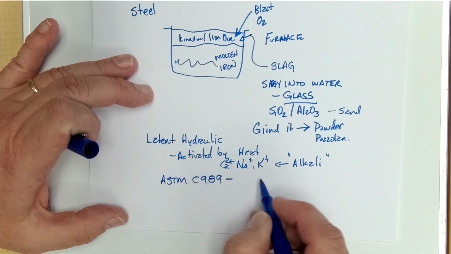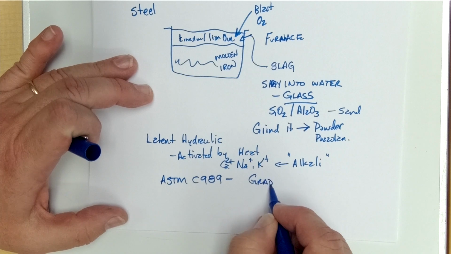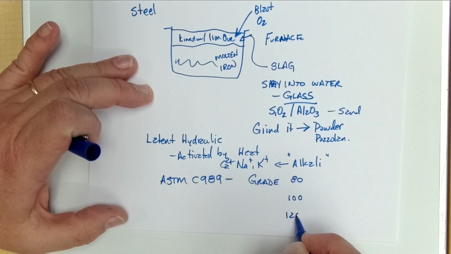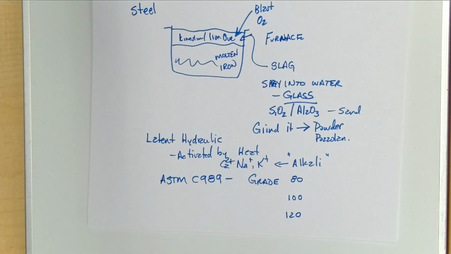This material conforms to ASTM C989, and it comes in 3 defined flavors: grade 80, grade 100, and grade 120. And this grade refers to the percentage of the strength you would have at 28 days as compared with a concrete with the same amount of material, but just cement, not slag.